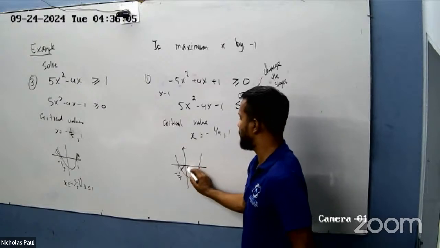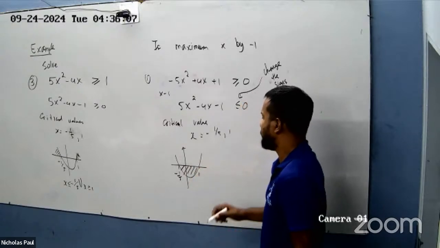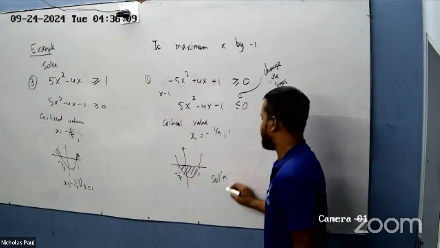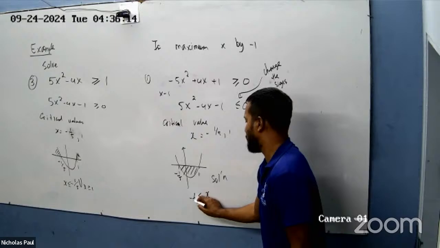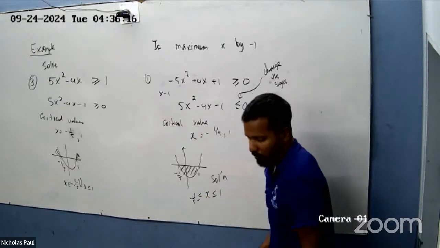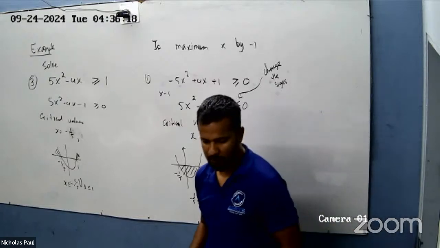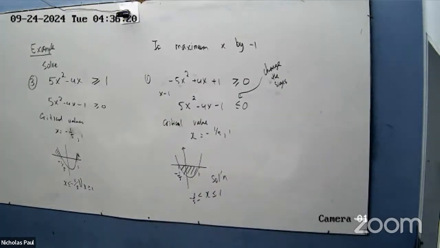So I shade in between, and that's it, the right solution. All right, and then I write the solution. So if it turns out to be a maximum, Serena, all we have to do is multiply by minus 1 and then go ahead and do it normally.